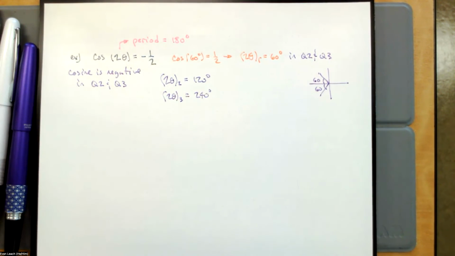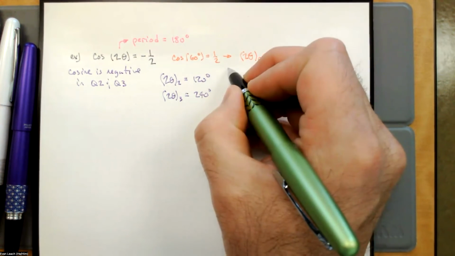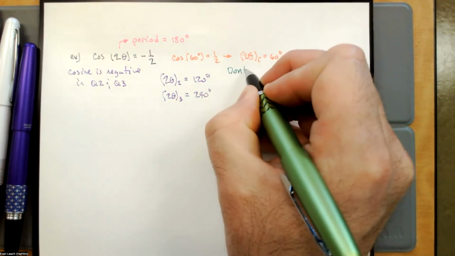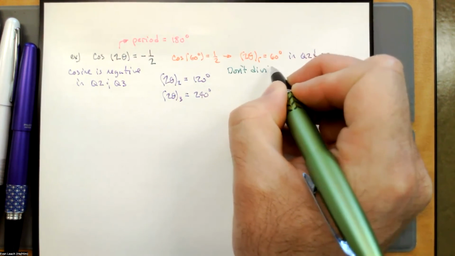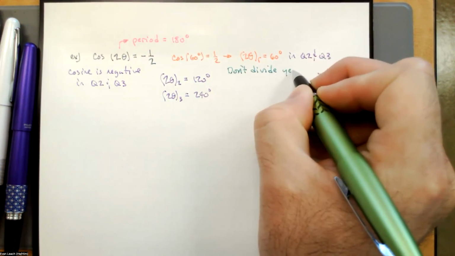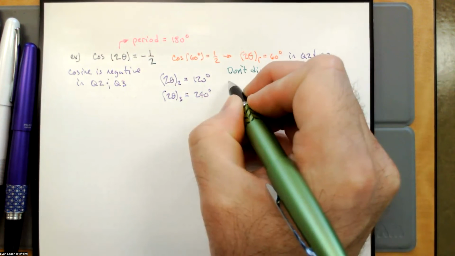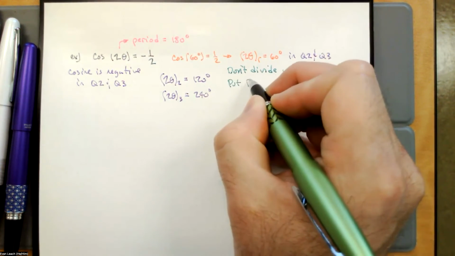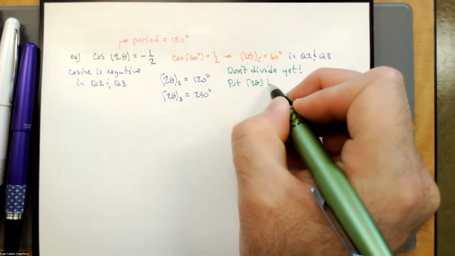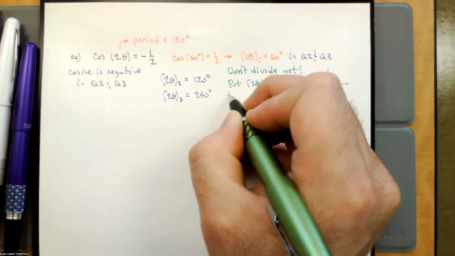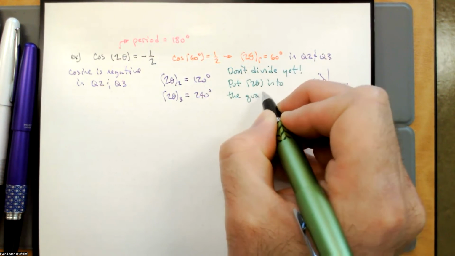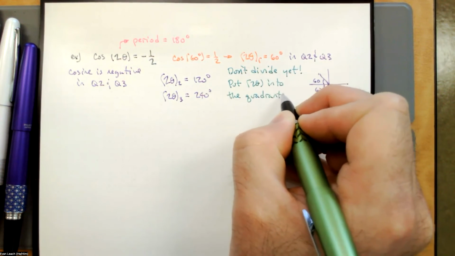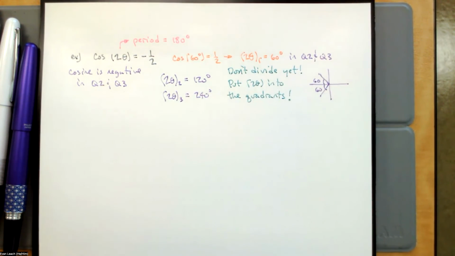So the thing that we want to note here is that we put 2 theta into the quadrants. So don't divide yet.